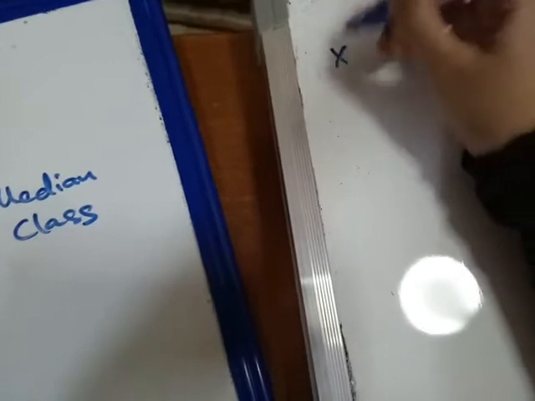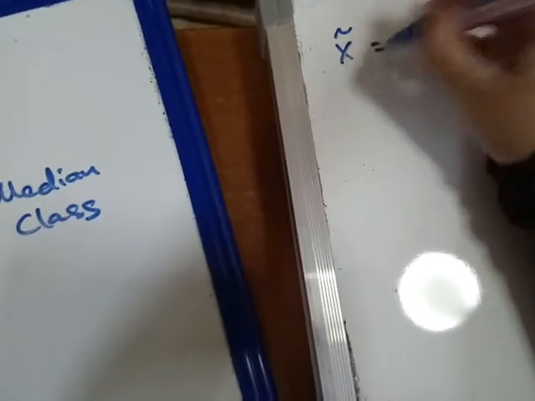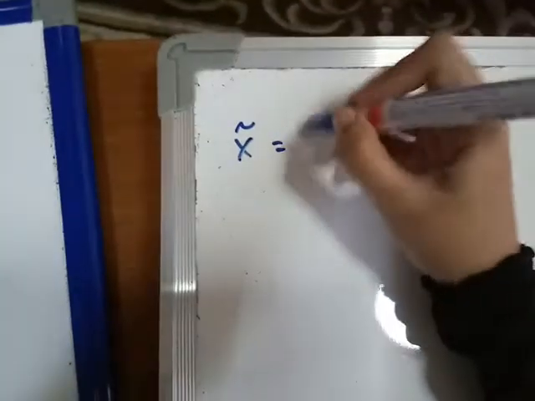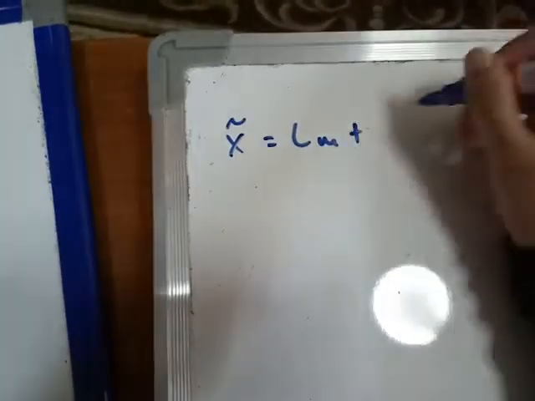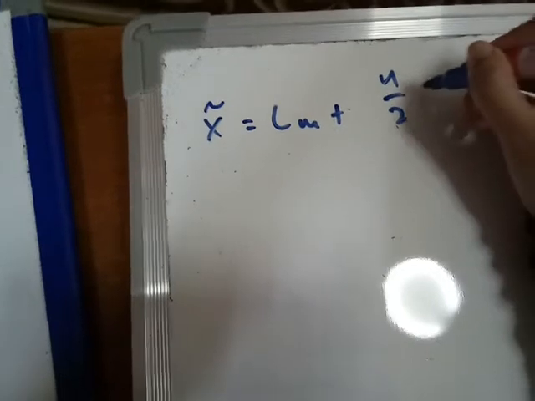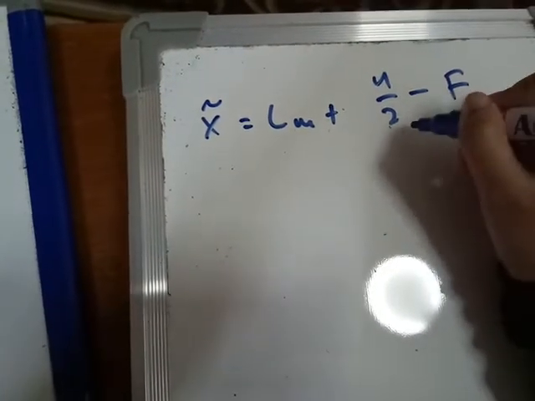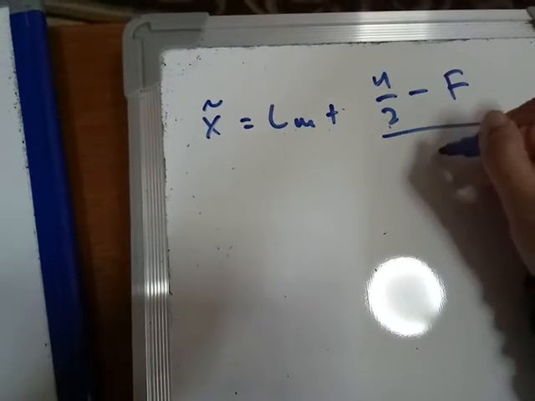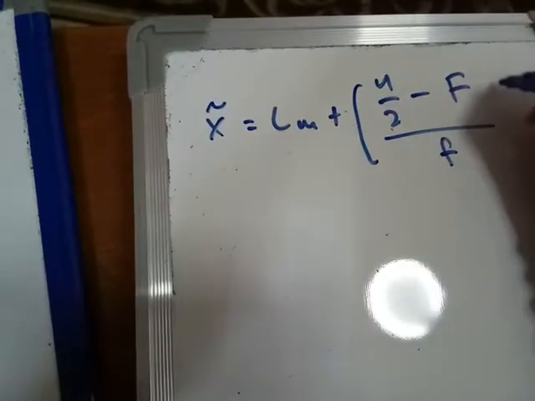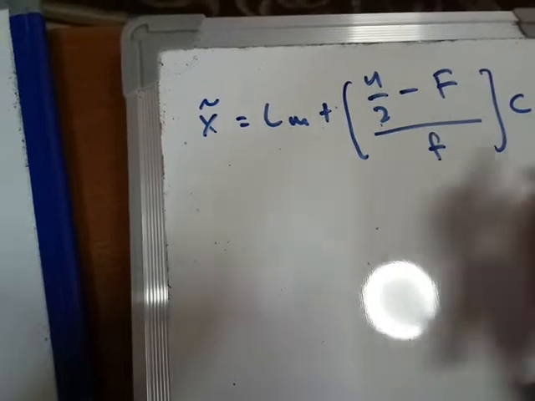Calculate using the formula. This is the symbol for median, X tilde. X tilde equals the lower boundary L plus n divide 2 minus capital F, divided by small f, times C. What is L?